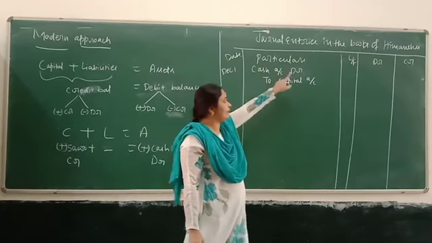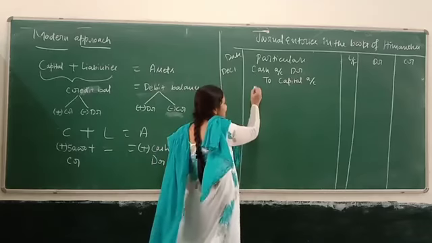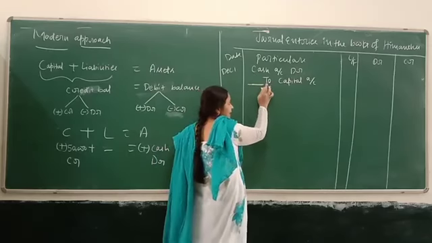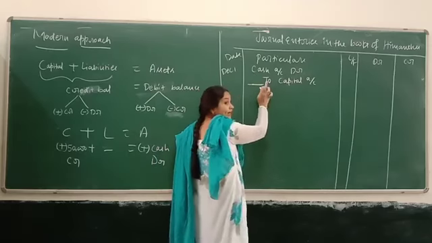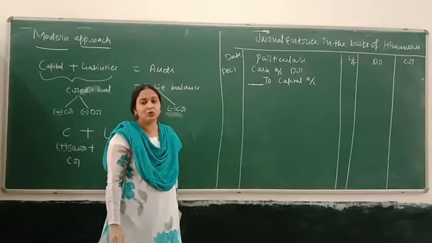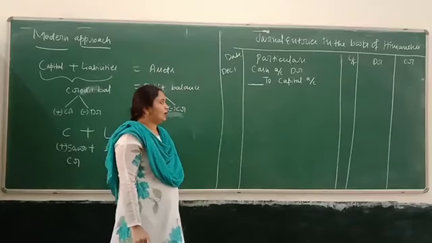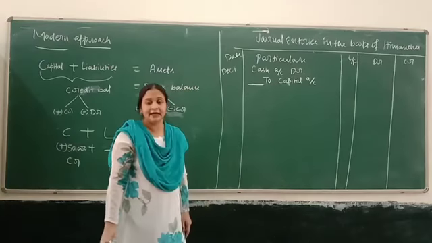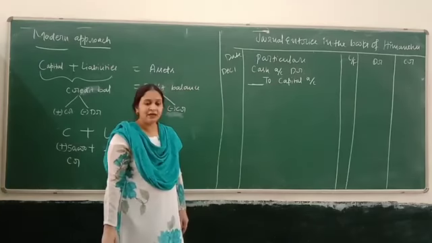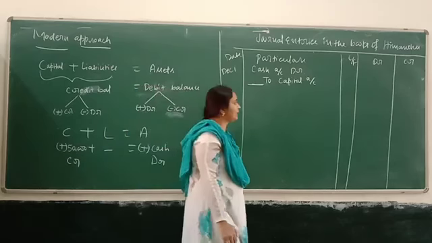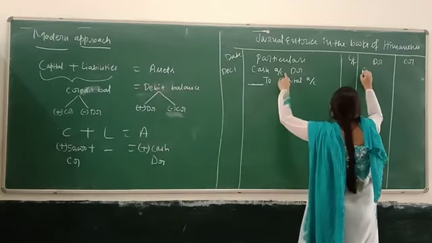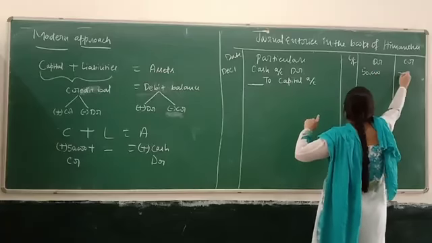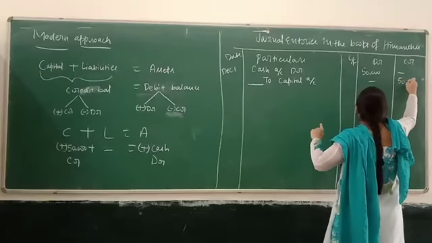After writing the debit entry, leave some space and start the credit entry to capital account. How much money? 50,000 cash, and even capital is increasing, to 50,000.